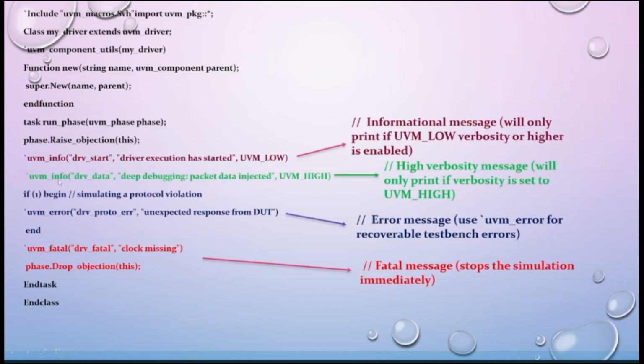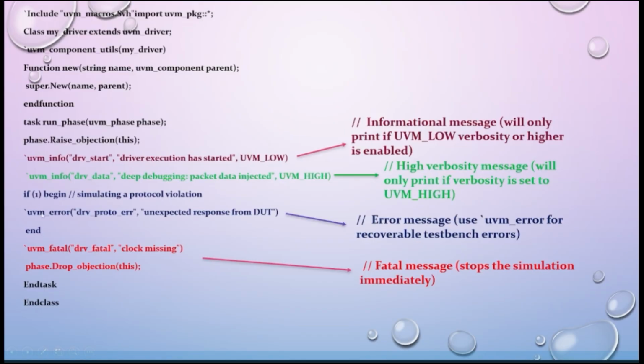Now then, again `uvm_info, drive data. Deep debugging, packet data injected. This is the message for driver data and it is of high level. Since this is a high verbosity level, first priority is given to this UVM high and then the next priority is given to UVM low, right?